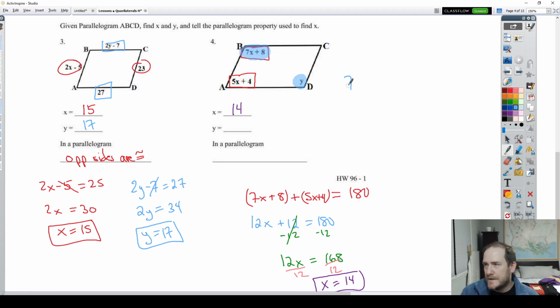So instead of 7x plus 8 being equal to y, we'll say 7 times 14 plus 8 is equal to y. So I'm just substituting. Take the 14, plug it in for x. Multiplying these together, 98, plus an extra 8. So y is 106.